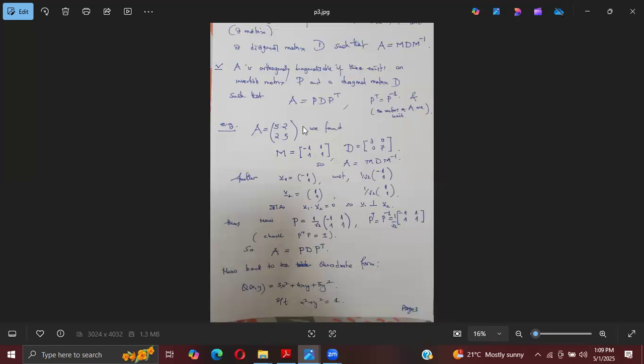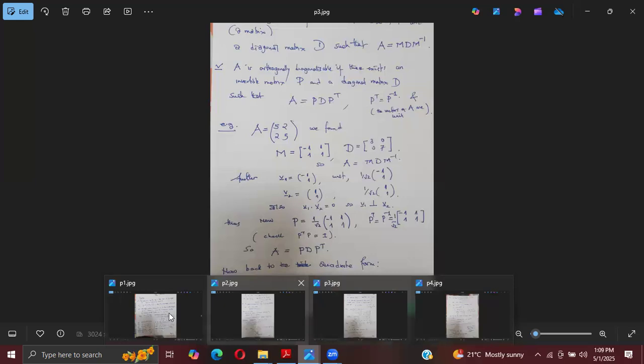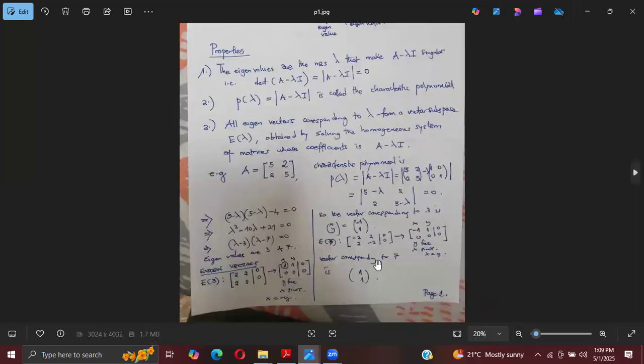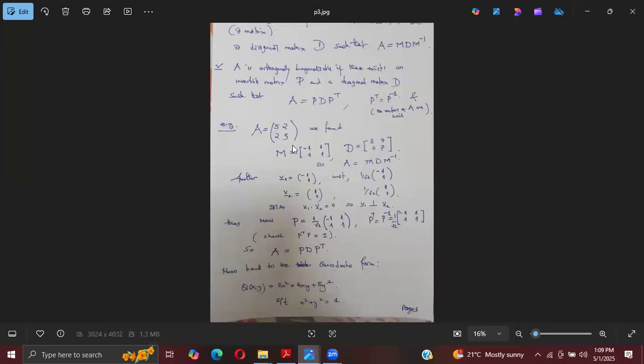Then the invertible matrix turns out to be, you remember what we found as our eigenvectors? Let me take you back to page 1. They were minus 1, 1, and 1, 1. So you write that as a matrix, and you have found your invertible matrix.